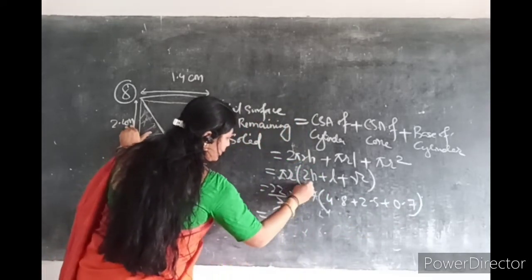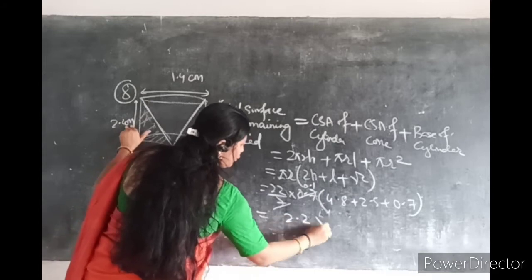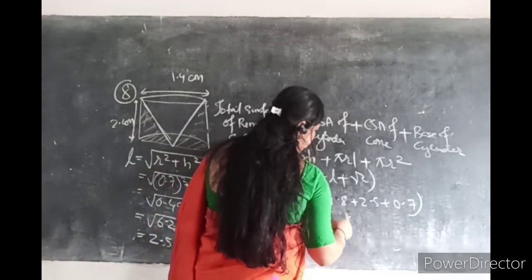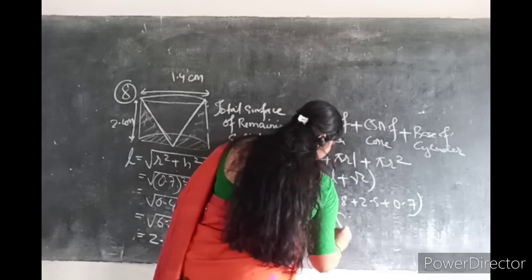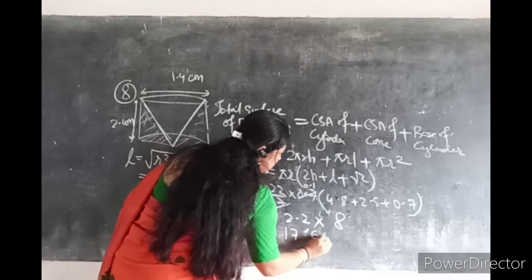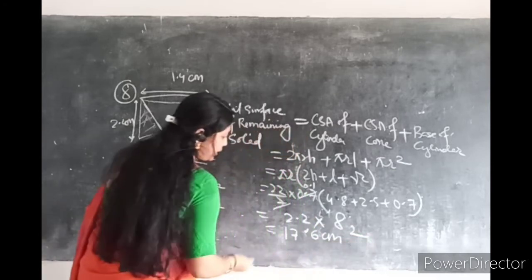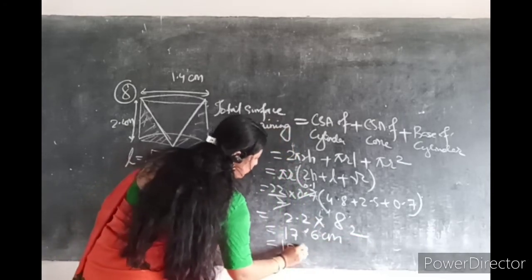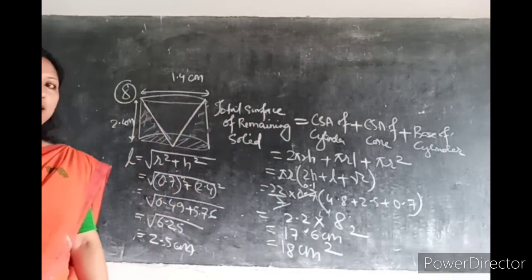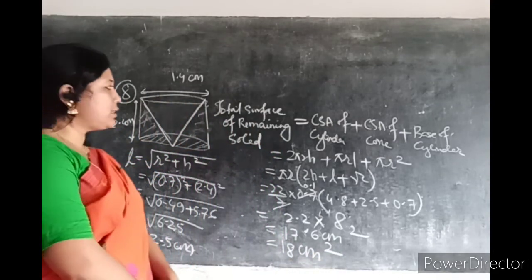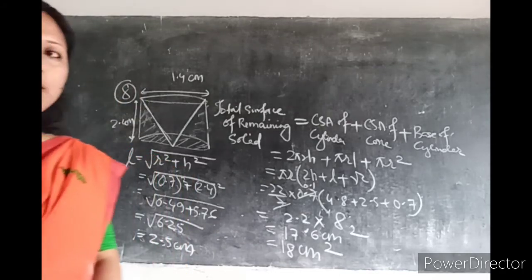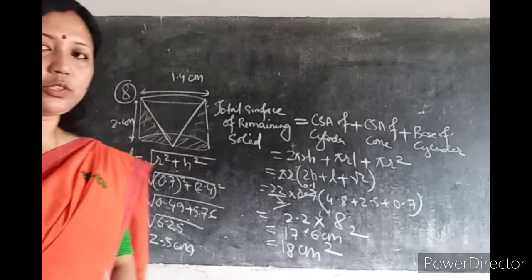So this will be 2.2 into 4.8 plus 2.5 plus 0.7, that is 8. So what you are getting is 17.6 centimeters square. You have to take the nearest value, so we can take approximately 18 centimeters square as the total surface area of the remaining solid. So in this way we calculate the solution.